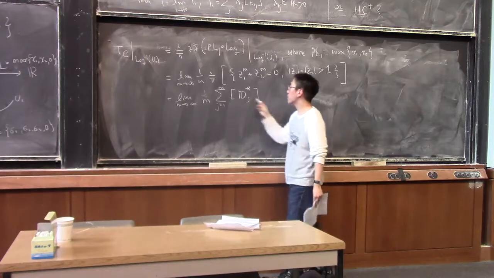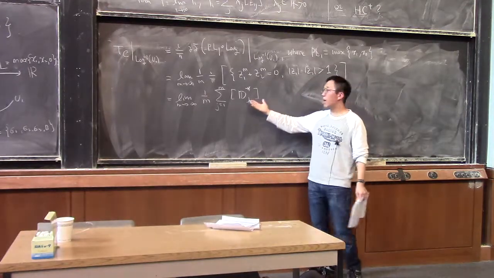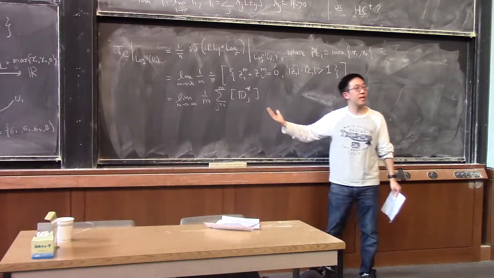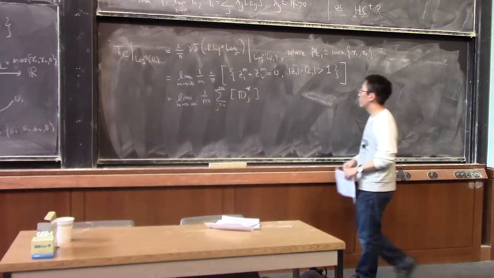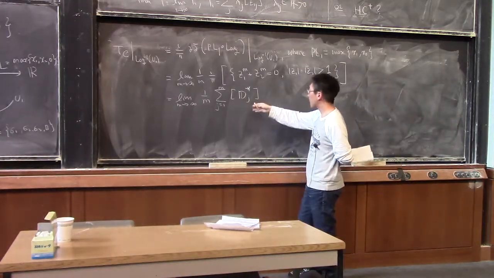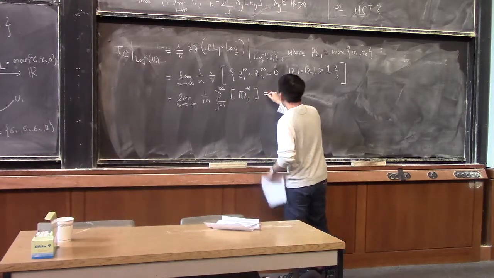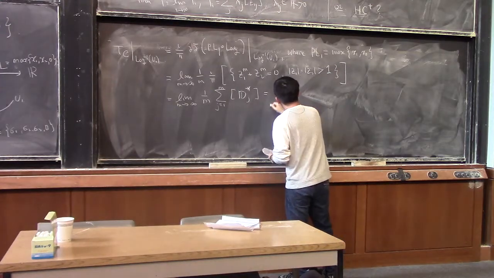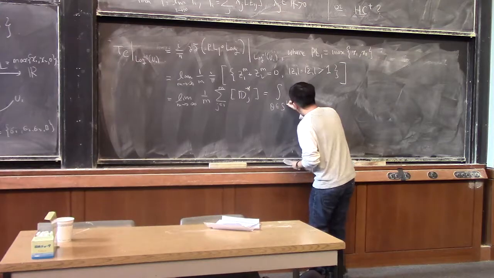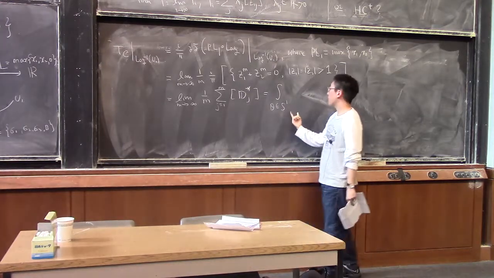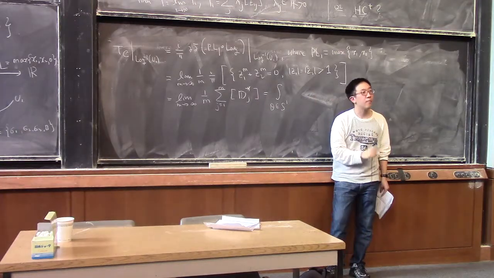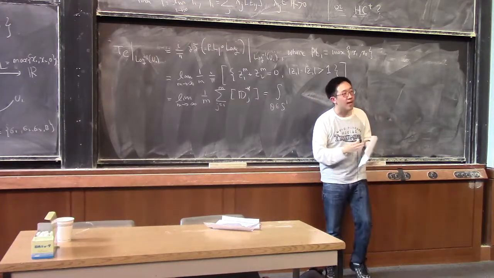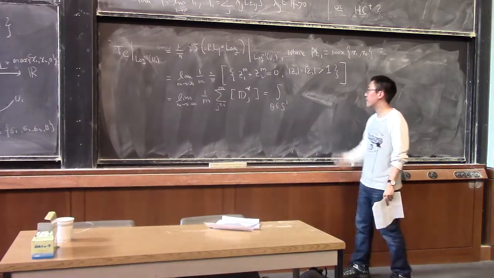As m goes to infinity, I'm summing up these punctured unit disks over densely distributed points on S1. So let's write it this way: theta in S1, where my parameter j indexes the m roots of unity, and as m goes to infinity, they become S1.